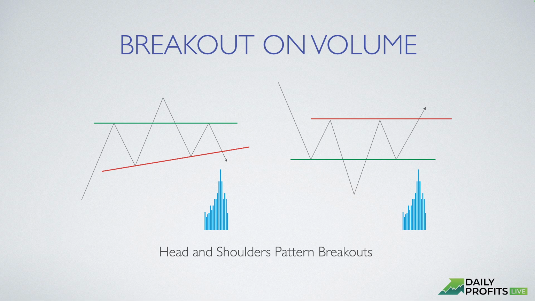Okay, so head and shoulders: the head and shoulders pattern tends to break the neckline to the downside. And then the inverted head and shoulders tends to break the neckline to the upside, but they all need to break on volume to be a really confirmed breakout. Okay.